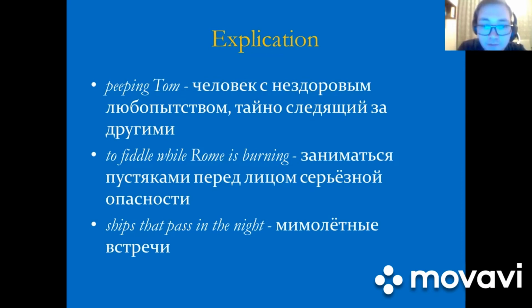To fiddle while Rome is burning. Заниматься пустяками перед лицом серьезной опасности. So again, the imagery is not actually explained here, but the meaning of the phraseological unit is explained. Ships that pass in the night, мимолетные встречи.